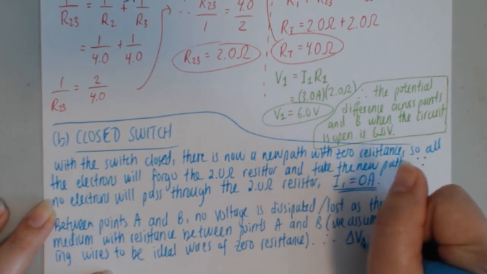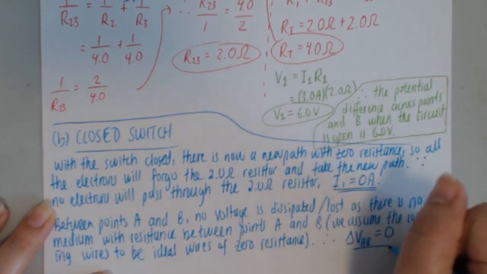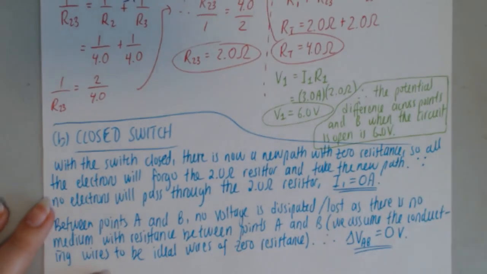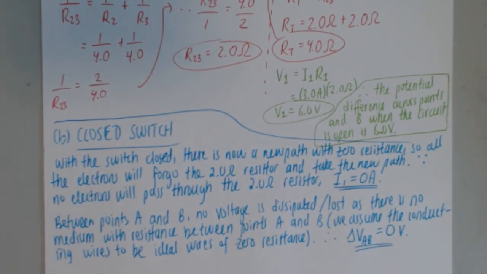Therefore, delta V between points A and B is equal to 0. And if you want, you can stick the volt symbol there as well. All right, so that is the end of worked example 5.15.